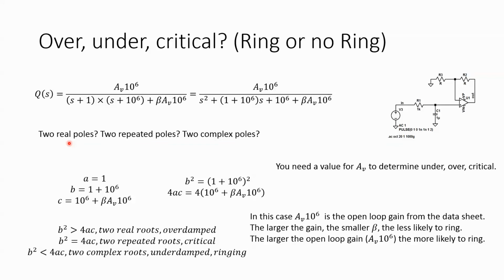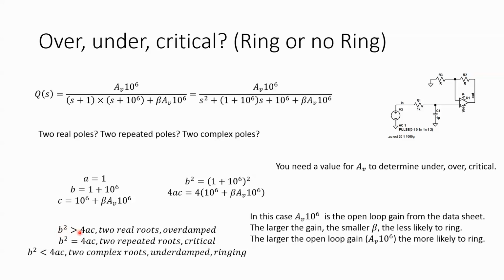Repeated, real, complex. So A is 1, B is 1 plus 10 to the 6th. It's really 10 to the 6th. And then C equals 10 to the 6th plus beta AV 10 to the 6th. So then B squared is this, 4AC is this, and then you just use your standard relationships.